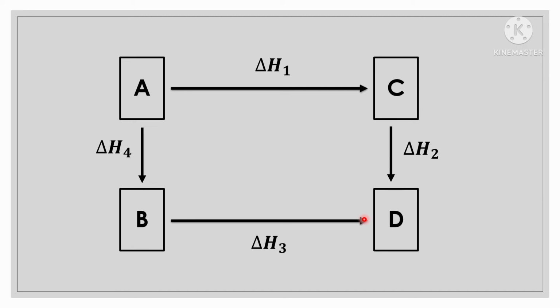The first is the reaction of substance A, which produces substance C, and the reaction of substance C, which produces substance D. And the second is the reaction of substance A, which produces substance B, and the reaction of substance B, which produces substance D. And we have a formula like this: delta H1 plus delta H2 equals delta H3 plus delta H4.